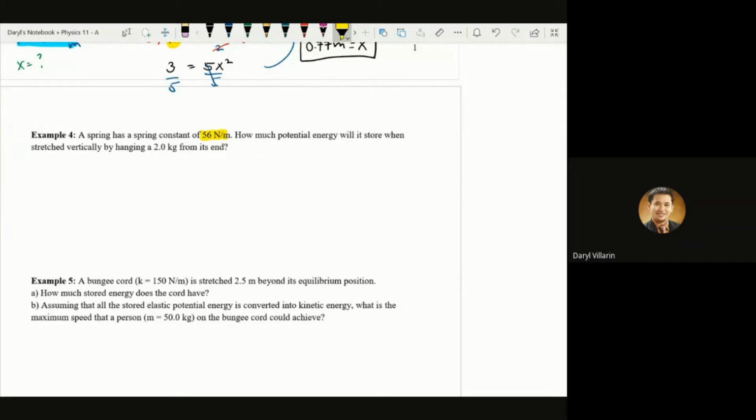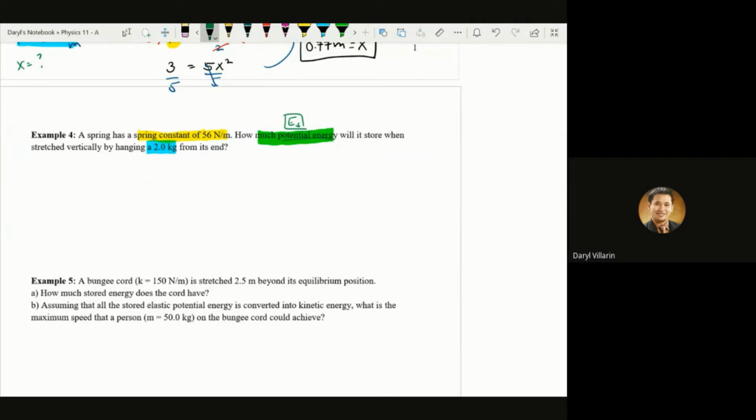So we have the spring constant, and then I'm just given the mass that is hung to that particular spring, and then I am asked to solve for the potential energy. So therefore, this is my E sub S. So potential energy, not static potential energy, but spring energy, energy stored in the spring, or elastic potential energy.